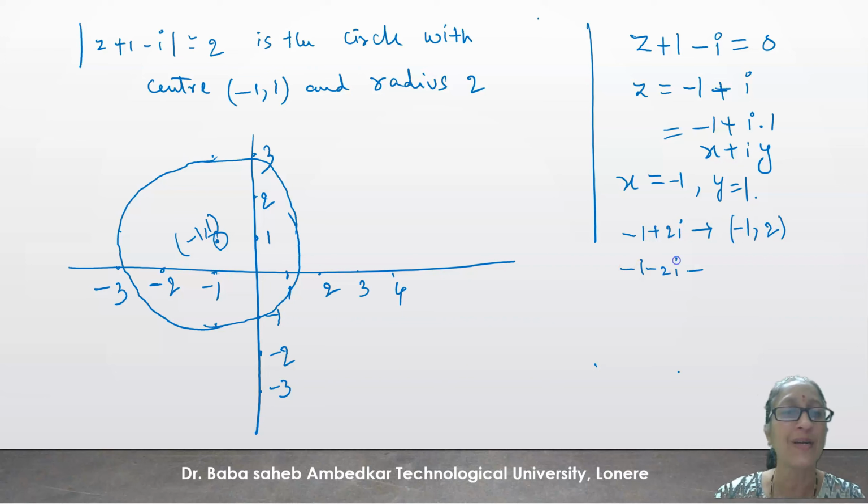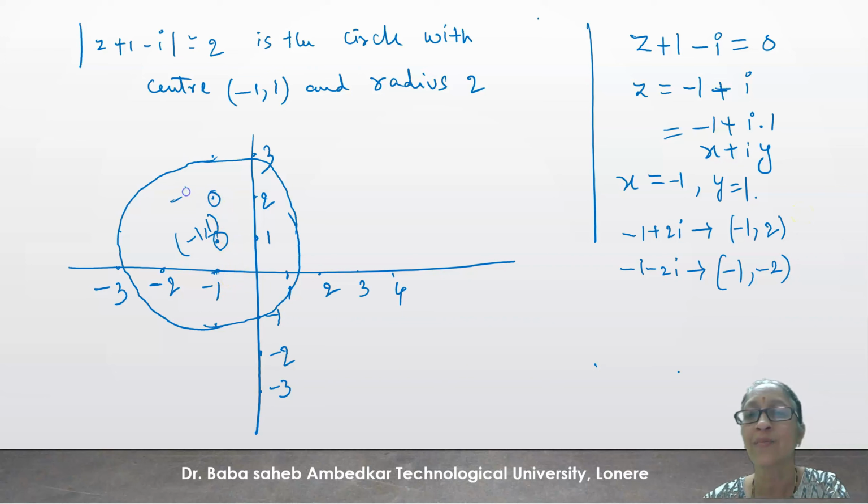Minus 1 minus 2i means x is minus 1, y is minus 2. So this is minus 1 plus 2i, and the next point is minus 1 minus 2i.